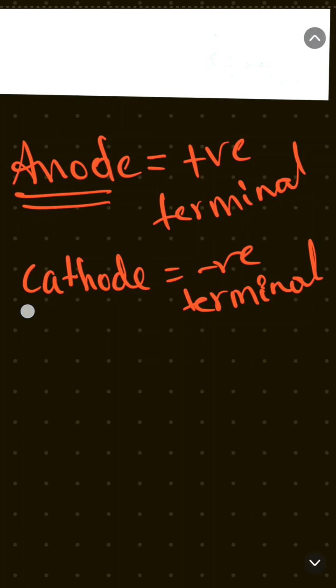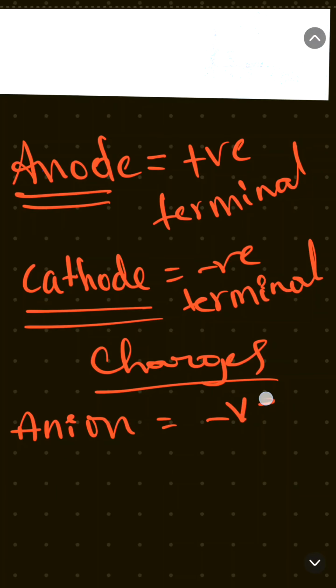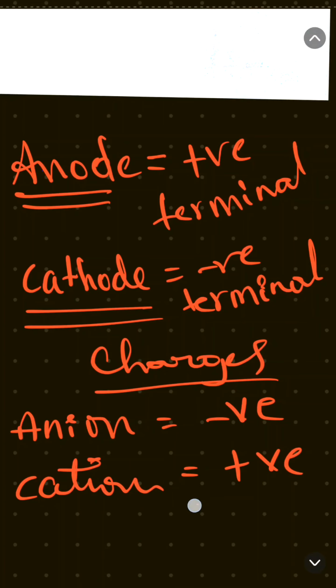So these are the terminals: cathode is a terminal, anode is a terminal. But if I consider the charges, anion is a negative charge, whereas cation is positively charged. You must remember this one. Don't be confused.